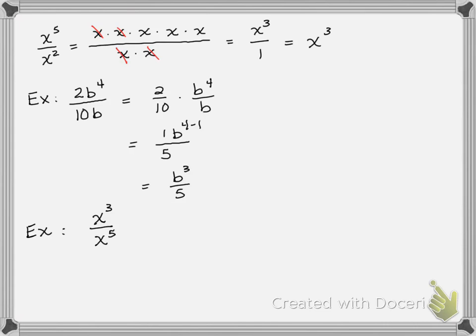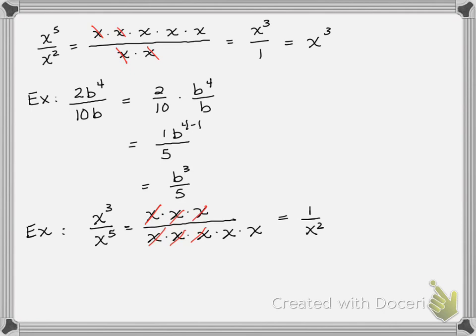Okay, so I hear a 1 over x squared, which is true, because if I have 3 factors of x, and then I have 5 factors of x, three of them cancel, and I end up with 2 factors of x on the bottom.